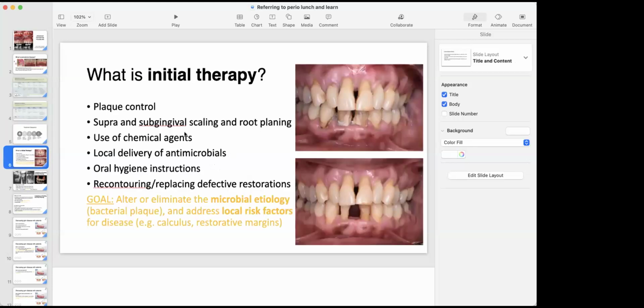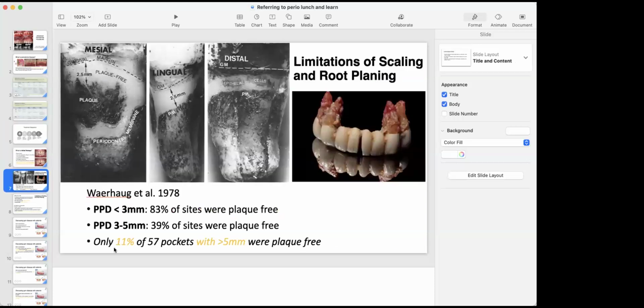Here is the plaque control and supra- and subgingival scaling, all included in the SRPs. There's a study by Warhog that shows, and it's a little bit graphic for those of you who don't normally see patients, that probing depths of 3 to 5 millimeters are really what the scalers can get from the hygiene.